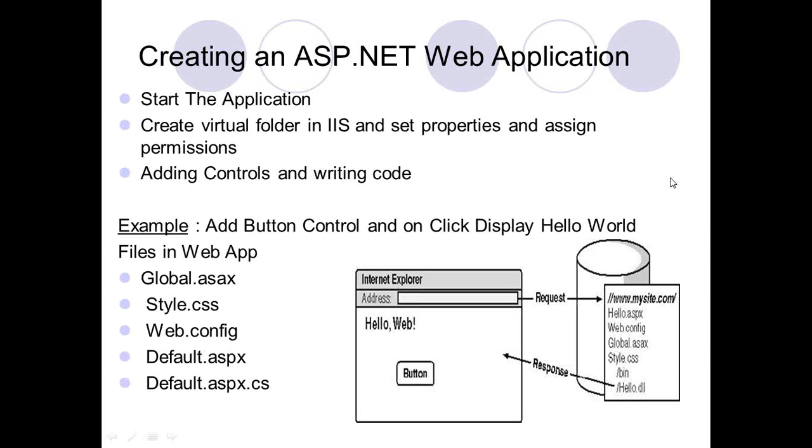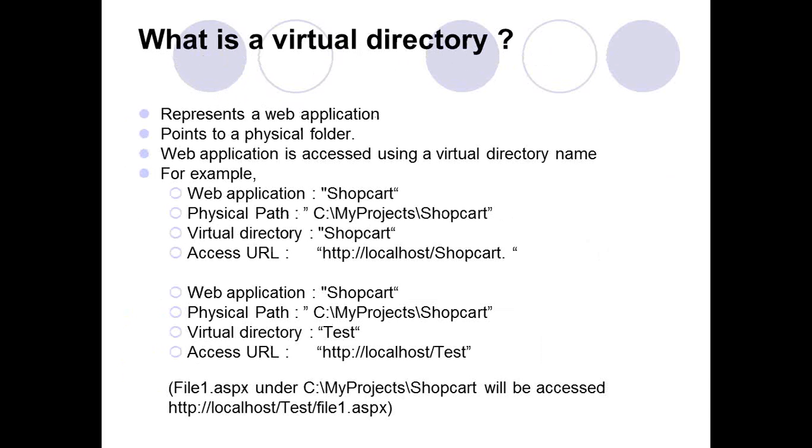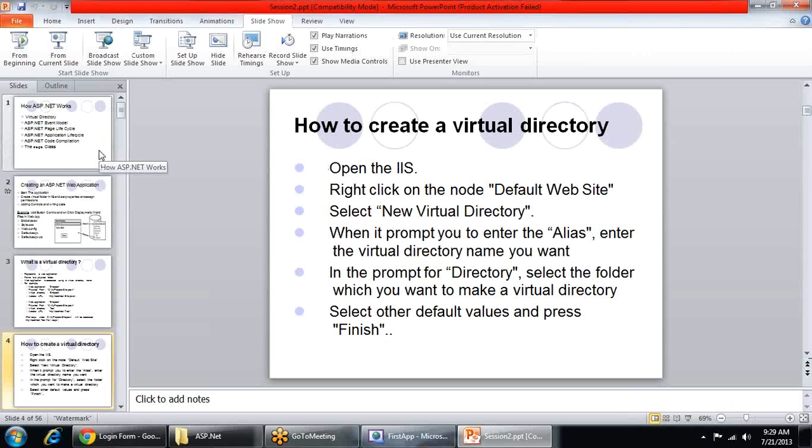Now this virtual directory actually comes in the picture when we are going to deploy the application, but as it is there, I'm explaining it. So on the server, when you are deploying your code on the server, what you will need is to create a virtual directory on the server. The server is IIS. This is what we have to install.